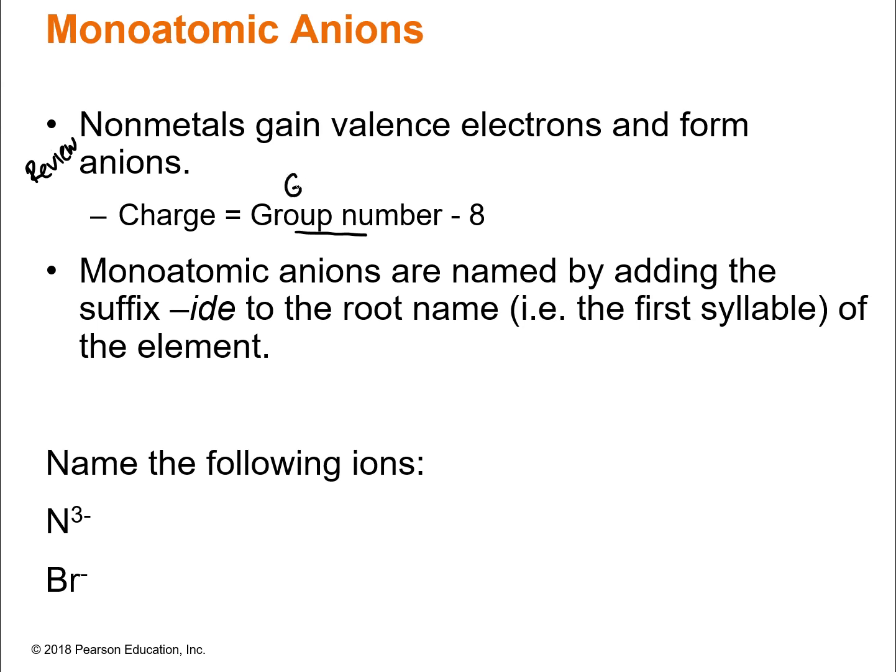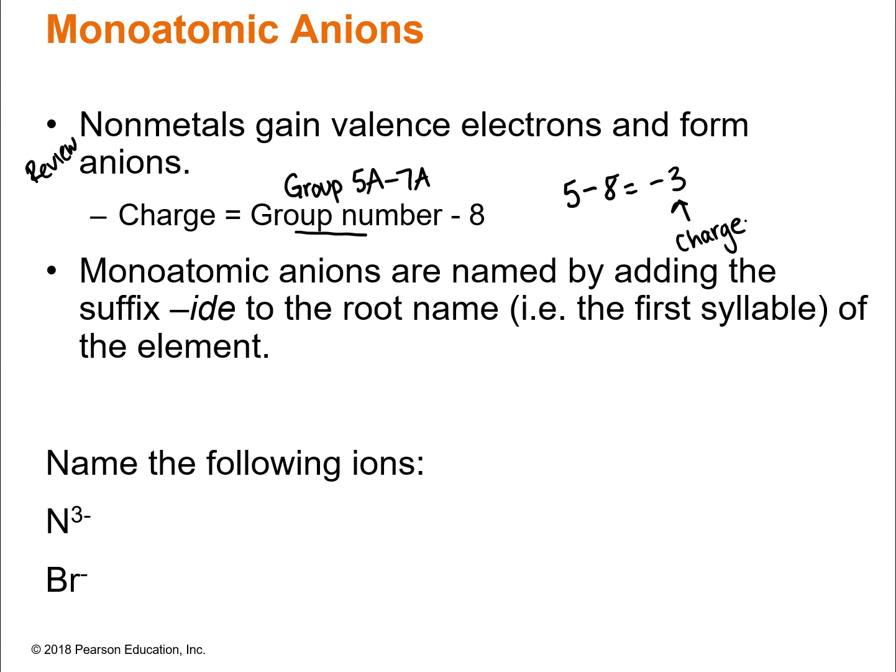And we're talking about the nonmetals that are in groups 5A through 7A. So if I have a group 5A nonmetal, to figure out the charge, I'm going to take 5, subtract 8, and that would give me -3 for my charge. Again, that should be review. If you feel like you've never heard that before in your life, you need to go back to chapter 5.